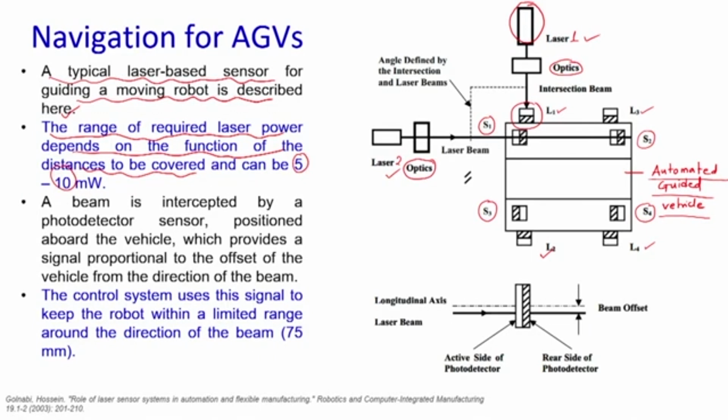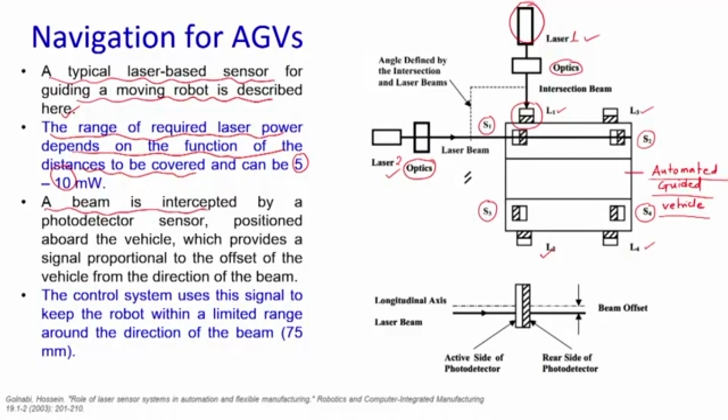How much laser power is sufficient depends upon the distance of the laser beam from the guided vehicle. In general it is between 5 to 10 milliwatt, and if the distance is too large, then we have to go for higher levels of laser power.